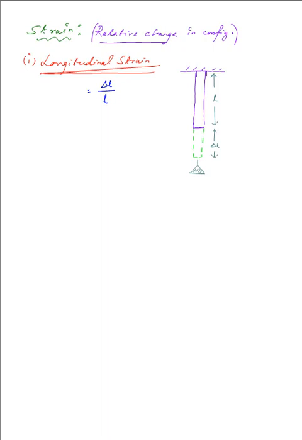We also have the lateral strain. In case of the lateral strain, what happens is that the object is expanded or extended laterally, that means sideways, as a result of which we observe the change in its sideways length with respect to any external force that is being applied.